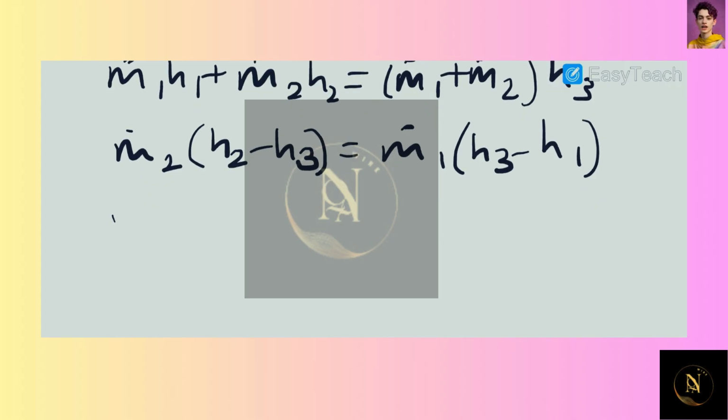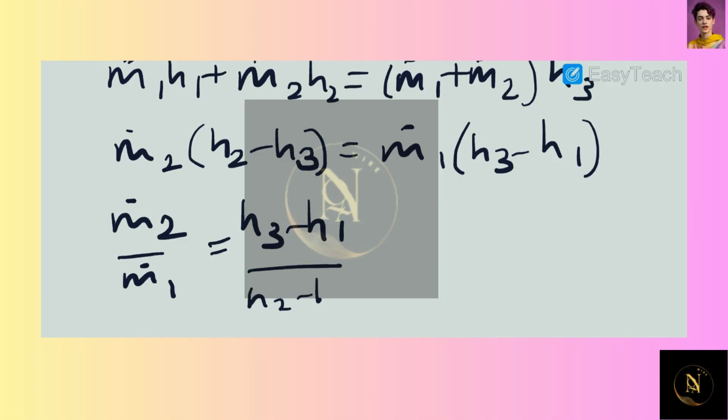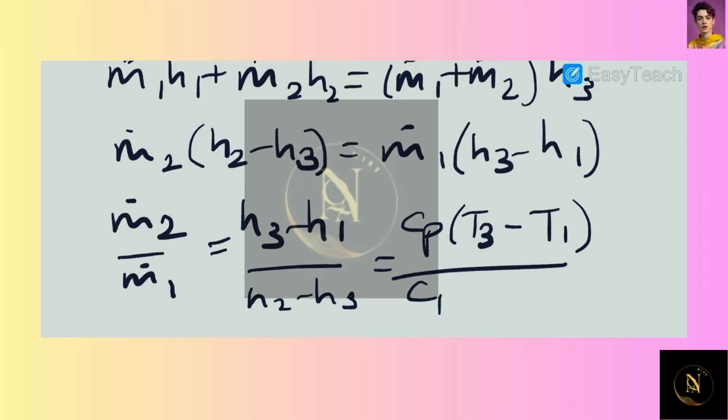Now we can get a ratio of m dot 2 over m dot 1, which is our ratio of hot over cold, and say that's equal to h3 minus h1 all over h2 minus h3. And this we can write in terms of temperature as Cp times T3 minus T1 all over Cp times T2 minus T3.